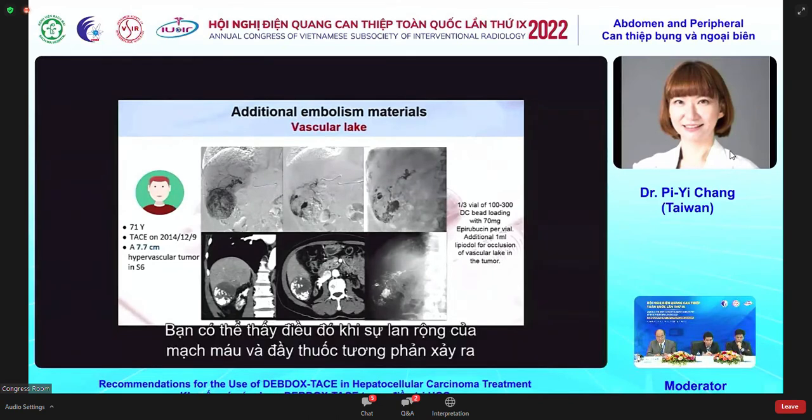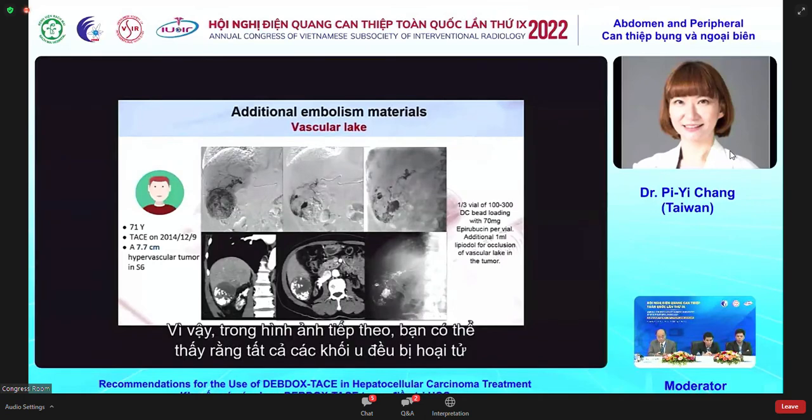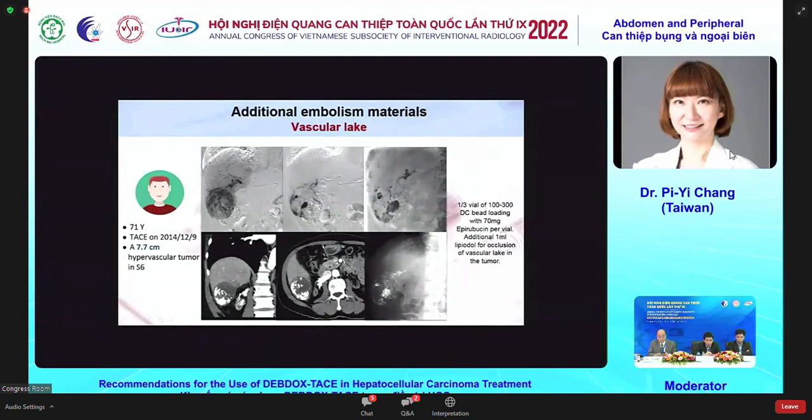You can see that when the vascular lake formed and contrast pooling occurred, I added 1 milliliter of lipiodol. So in the follow-up image, you can see that all the tumors necrotized and the vascular lake was filled with lipiodol retention. I believe this is a good way to solve this kind of problem.